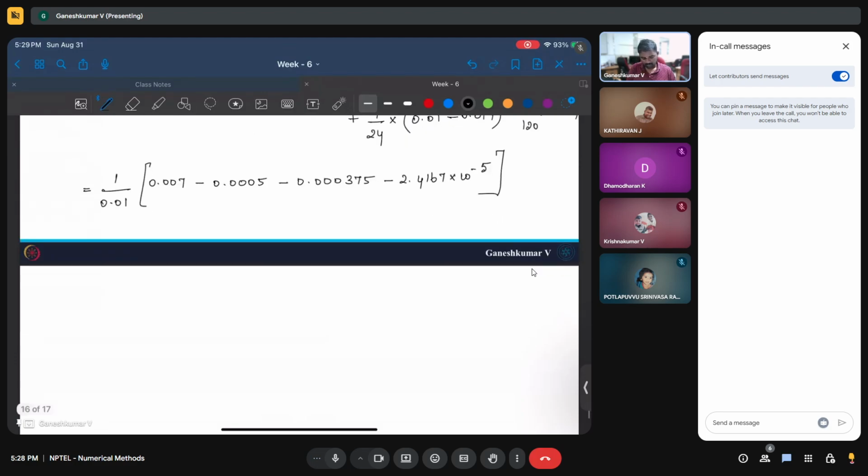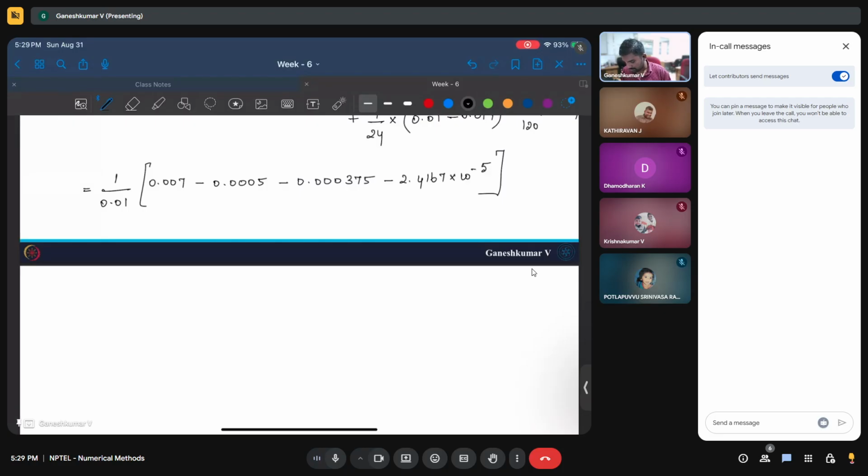Okay, so now let's add them together. 0.007 minus 0.0005 minus 0.000375 minus 2.4167 into 10 power minus 5.